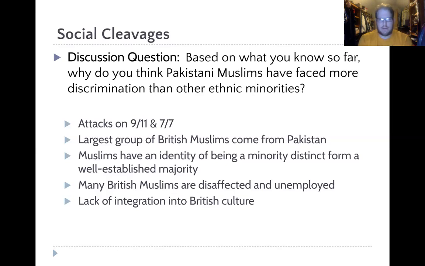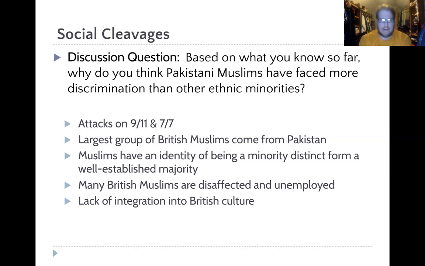The Muslim community in the UK has been the least willing to integrate in some instances, in terms of giving up elements like traditional dress and some of the more conservative interpretations of the Quran.